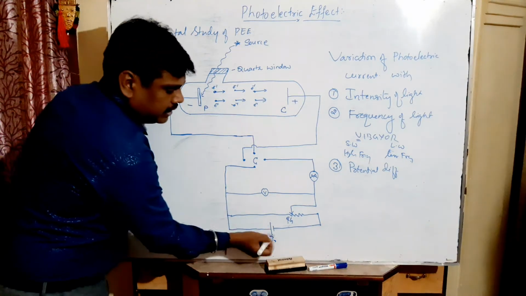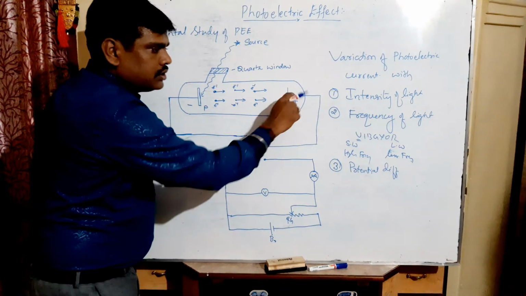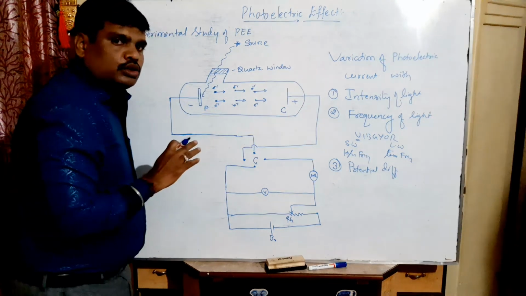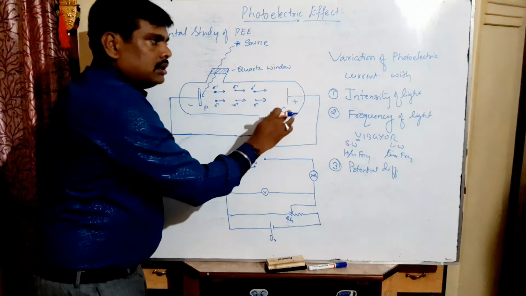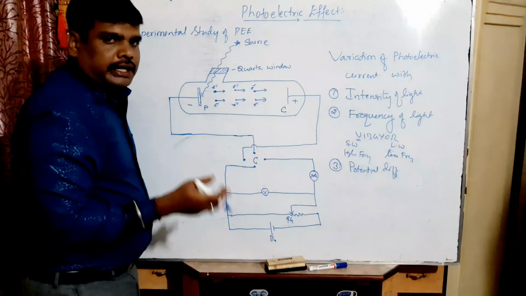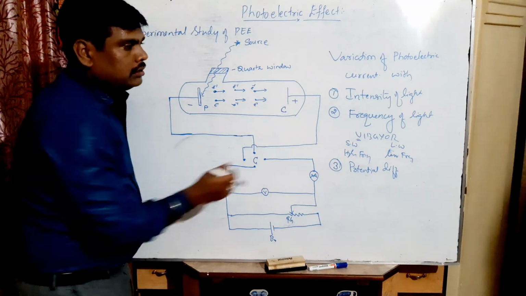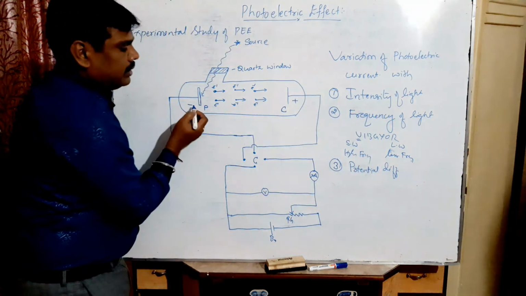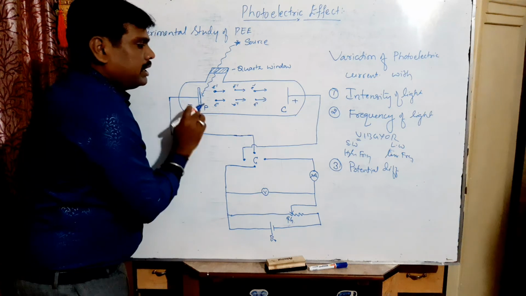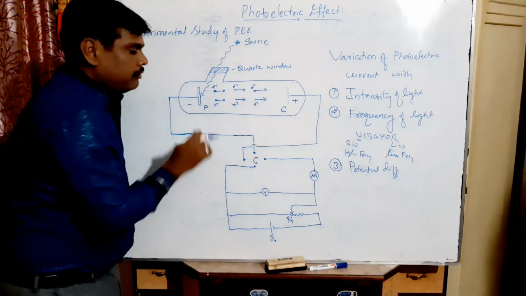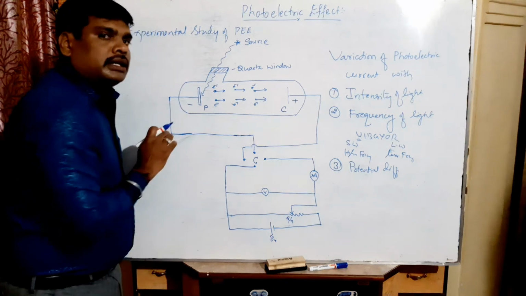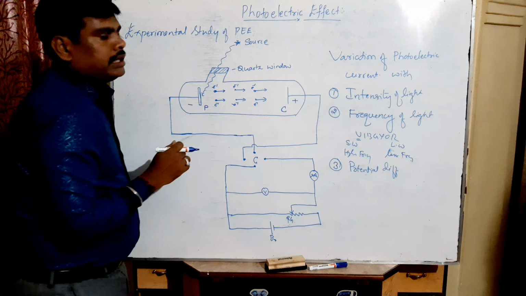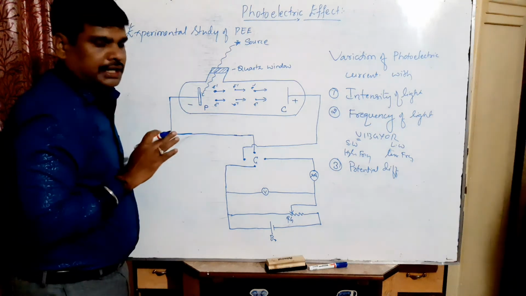If you increase the voltage here, the positive potential, the movement of electrons from here to here also increases, so the photoelectric current can also be varied. I will explain later how the variation of photoelectric current depends on the potential difference applied between the emitter plate and the collector plate. This can be studied by the same experimental arrangement.